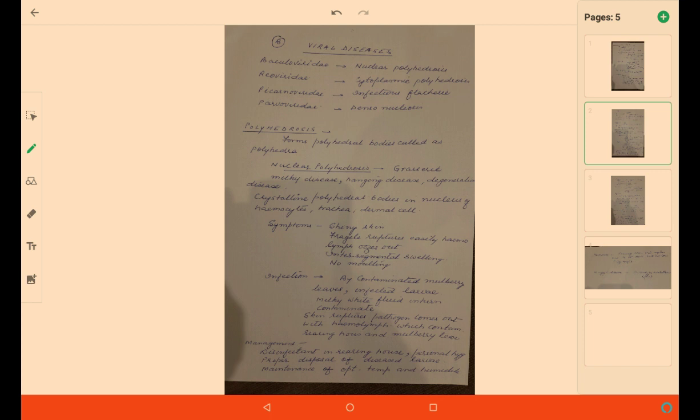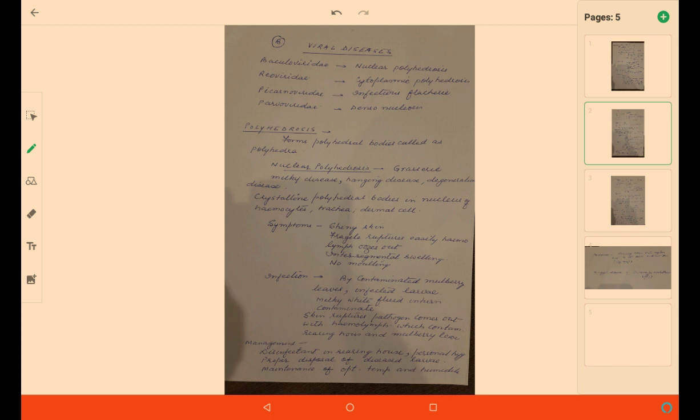From that rupture, hemolymph oozes out, and we also observe certain intersegmental swelling and molting gets arrested. Infection is caused by contaminated mulberry leaves and infected larvae; milky white fluid in turn contaminates the other stages of the life cycle of the larva.